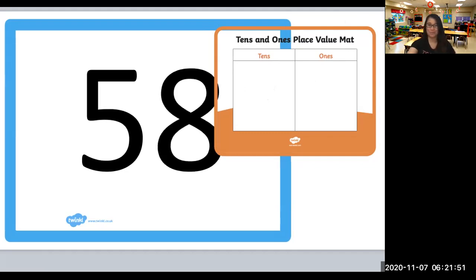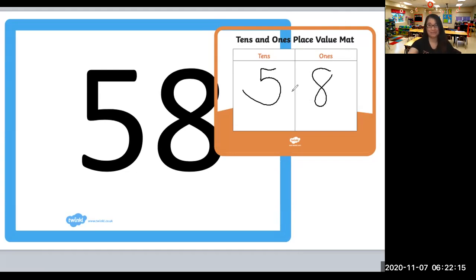How about this number? What number is this? It's the number 58. What are the place value of each number? Can you do it? 5 goes into the tens and 8 goes into the ones.